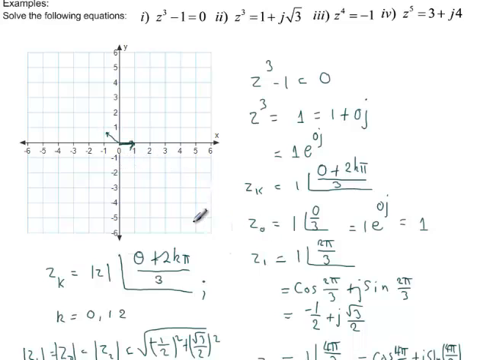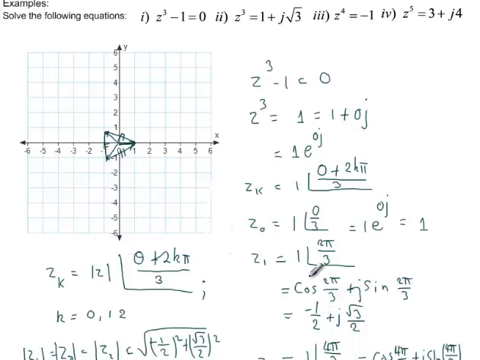The other one will point more or less there. What I can tell you, which is not visible here because this is a rough sketch, is that these points, the complex numbers we're talking about, will actually form an equilateral triangle around the origin.